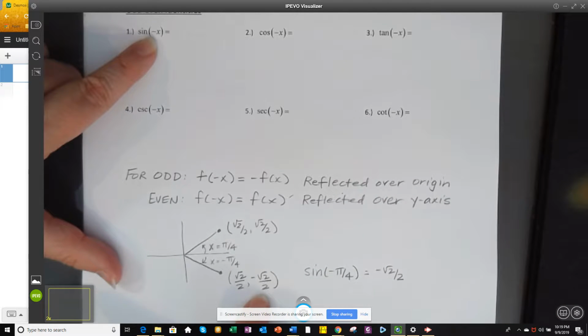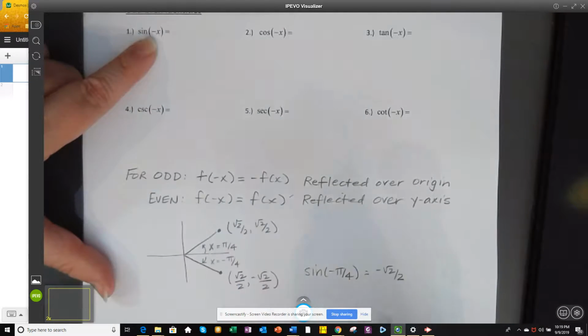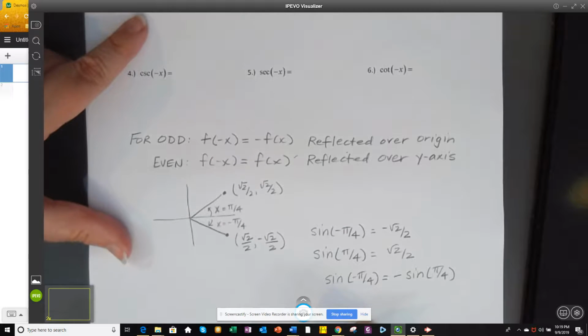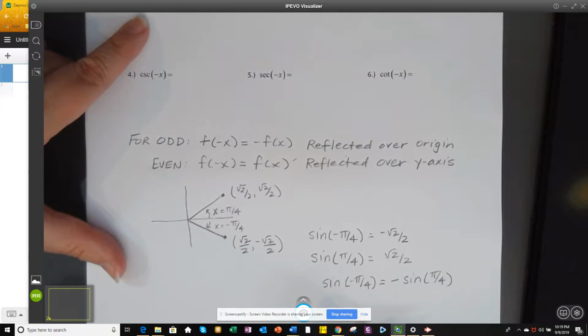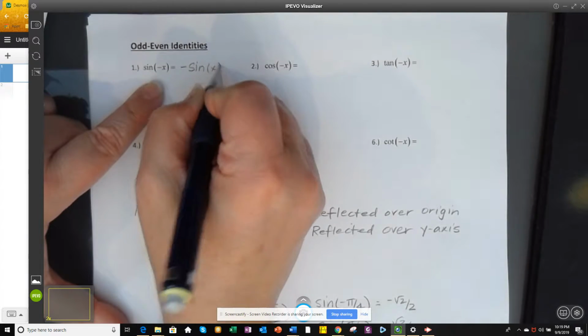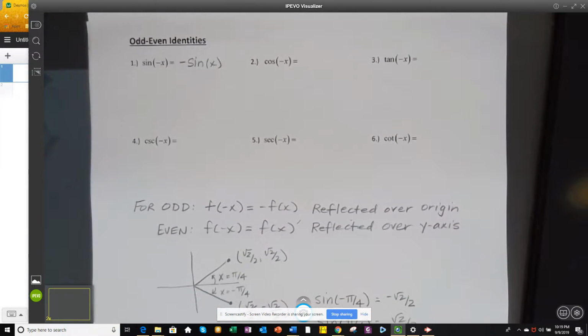And that equals the opposite, because the sine of pi over 4 is equal to root 2 over 2. So the sine of negative pi over 4 is equal to the opposite of the sine of pi over 4, making the sine function odd. So we would say that this is equal to negative sine of x. So it's odd.